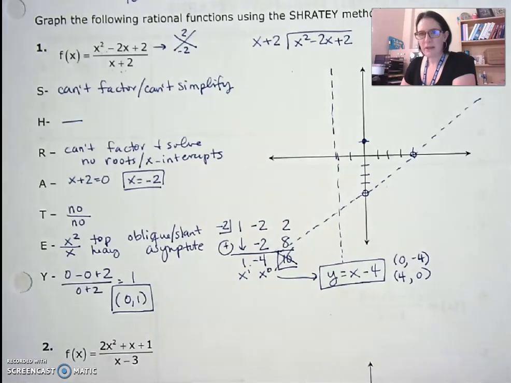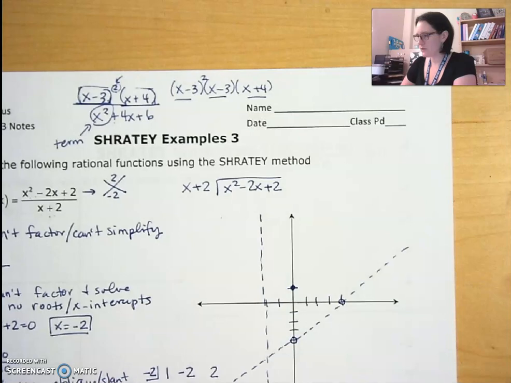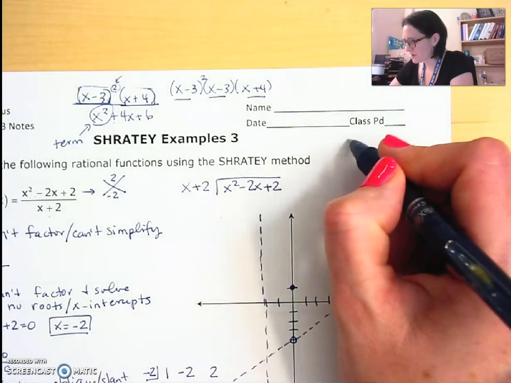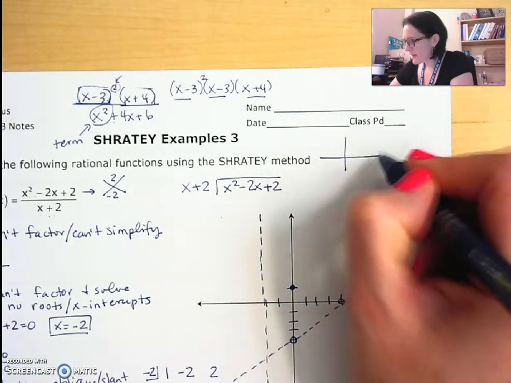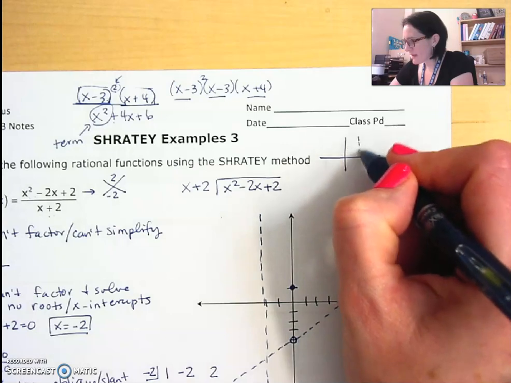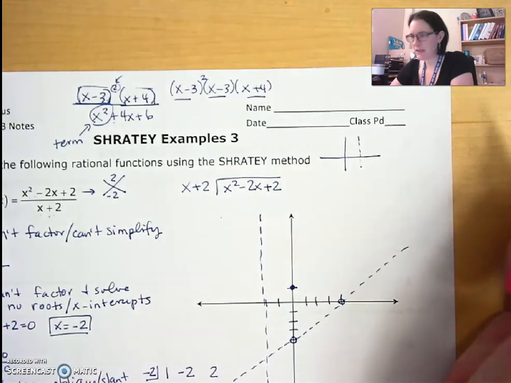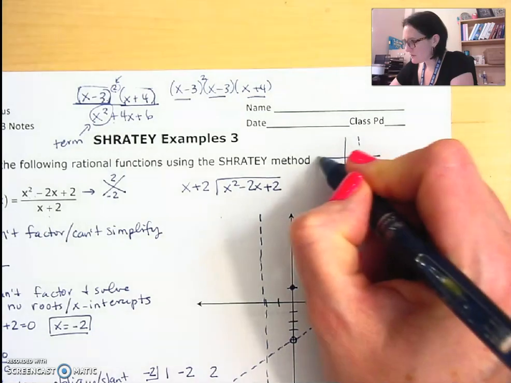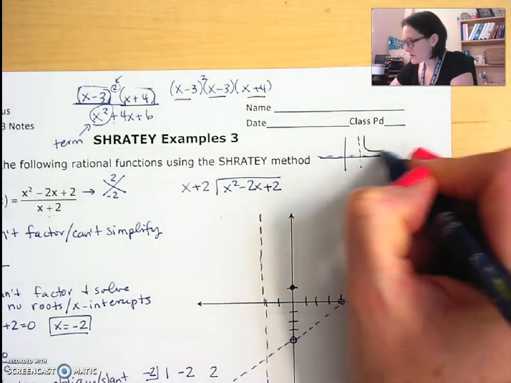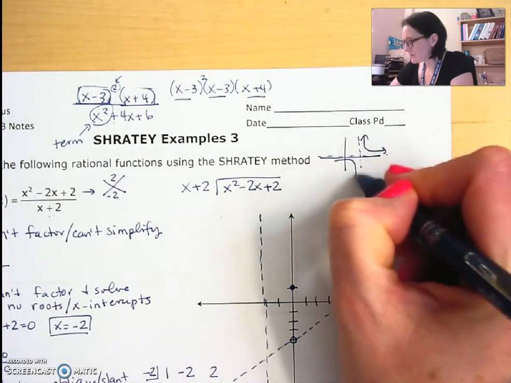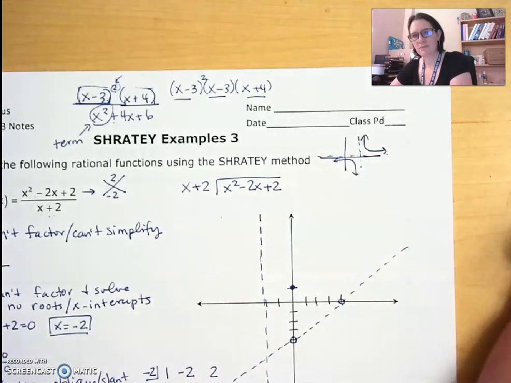Now, before I talk about the basic shape, what happens when I have an oblique asymptote, let's just review real quickly something we've talked about before. When you have a vertical asymptote, we talked about how the end pieces are this curved shape like this, right? It's like the parent function 1 over x.